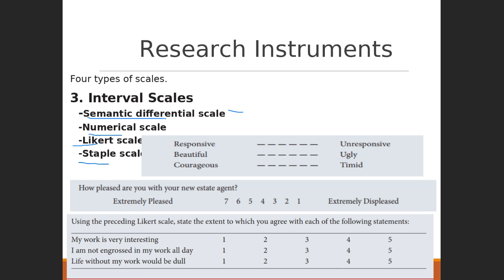So the bipolar adjectives used might employ such terms as good to bad, strong to weak, or the examples which we have given here about semantic scales like responsive, unresponsive, beautiful, ugly, courageous, timid. So these are the examples of semantic scale.